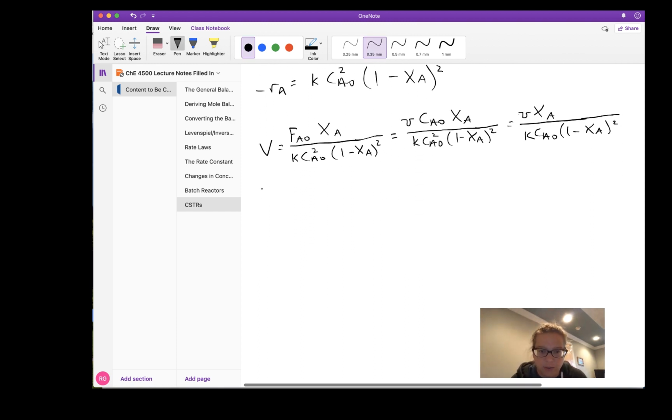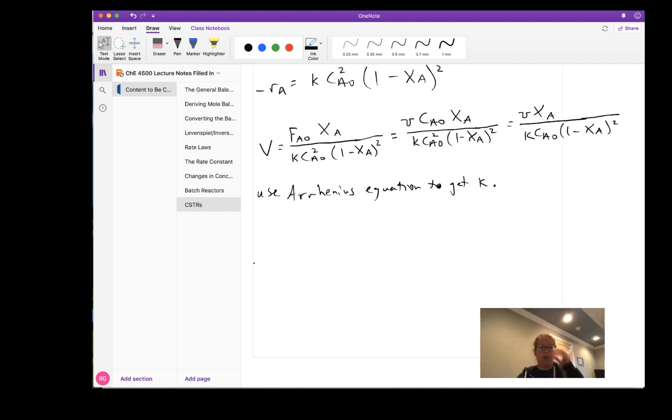I'm going to use the Arrhenius equation. Basically, if I don't have a rate constant, to get it I either need a pre-exponential term and an activation energy, or I need an activation energy and the value of a rate constant at another temperature.